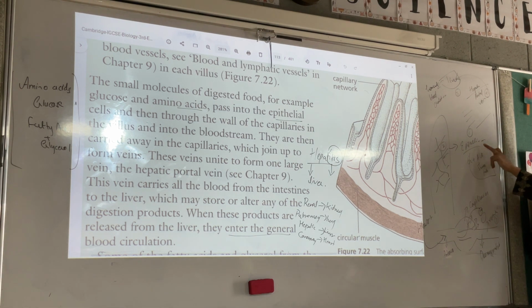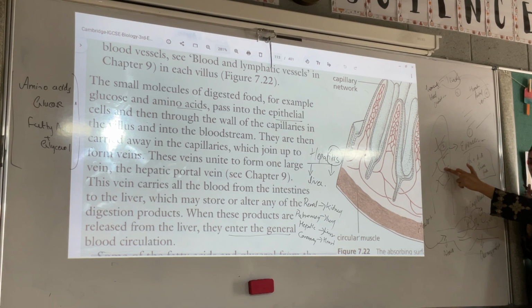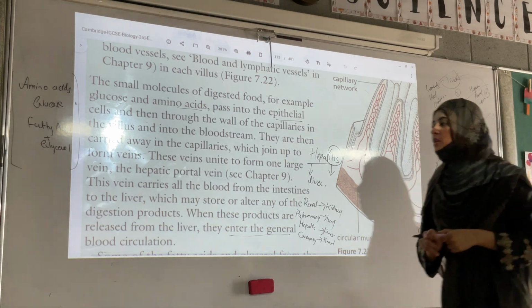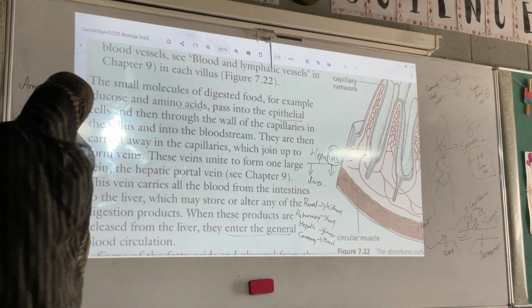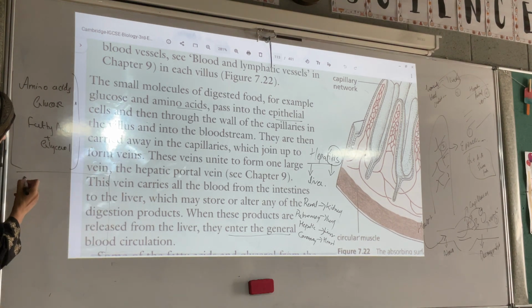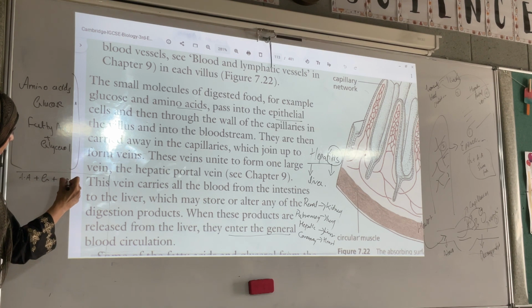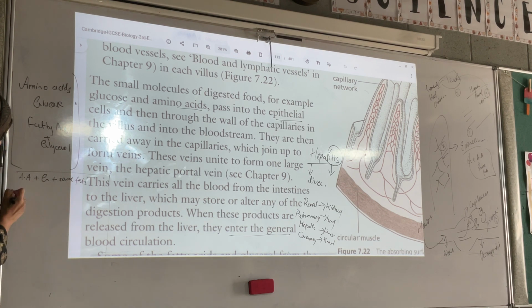So first one, epithelium, then blood capillaries, then vein, then hepatic portal vein, then blood circulation. Alright, so the pathway, this is for all amino acids, all glucose and some fats. So what is the pathway?